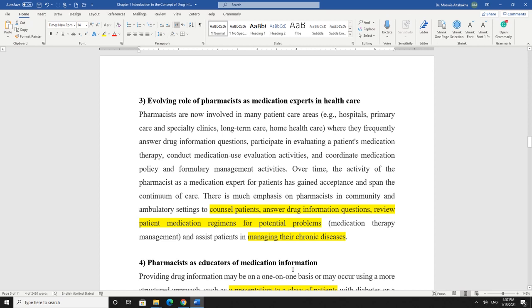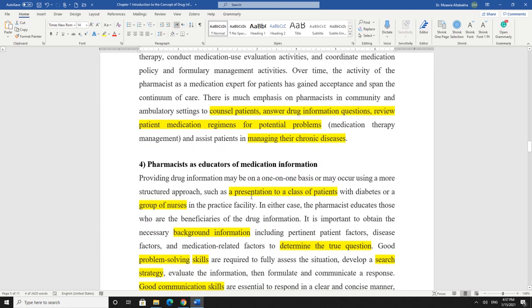If someone has diabetes, I have to know how I should advise the patients regarding this chronic disease. Okay, of course it's not only medication but even the lifestyle for such patients.